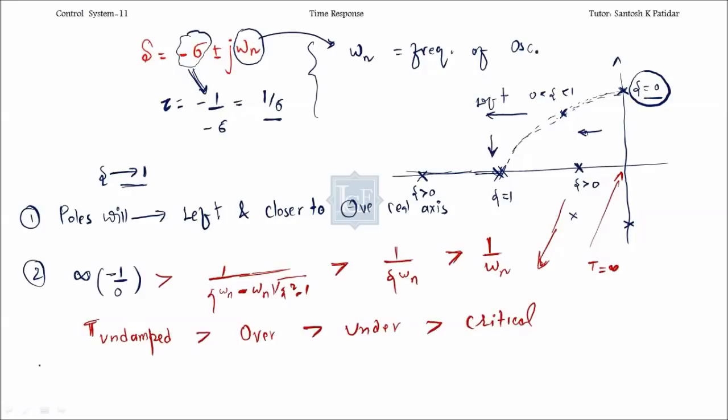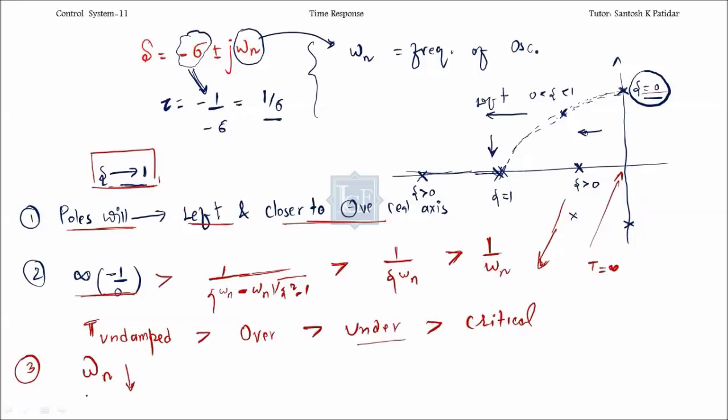Now point number 3. What will happen with the frequency of oscillation omega n? Omega is highest over here, so omega is going to decrease if zeta is moving from 0 to 1. Your poles will move towards the left, closer to the negative real axis. Your time constant is going to decrease, because at the imaginary axis you get infinity. Then you get the overdamped system time constant, then underdamped, and the least time constant will be for the critically damped.